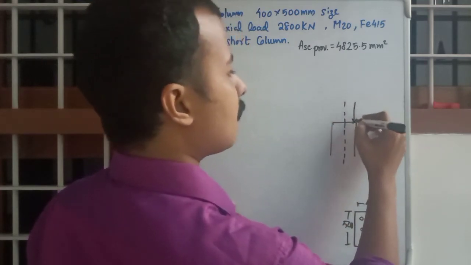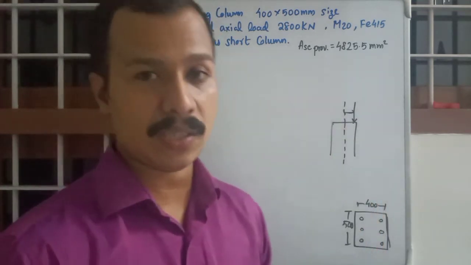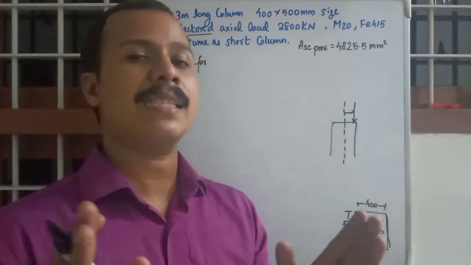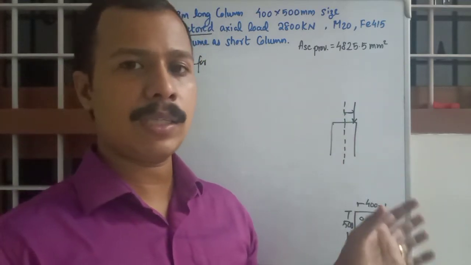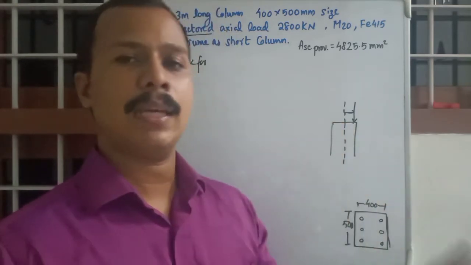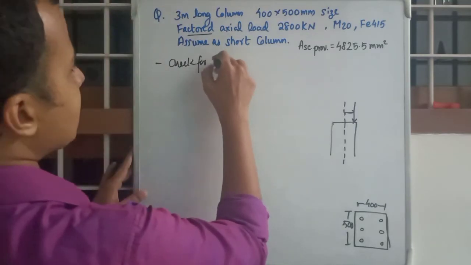Suppose this is the force acting point, this distance is called eccentricity. You need to have some eccentric flexibility for a column, otherwise if a slight variation of forces occurs, it will fail. So that is the condition. We are checking for eccentricity.